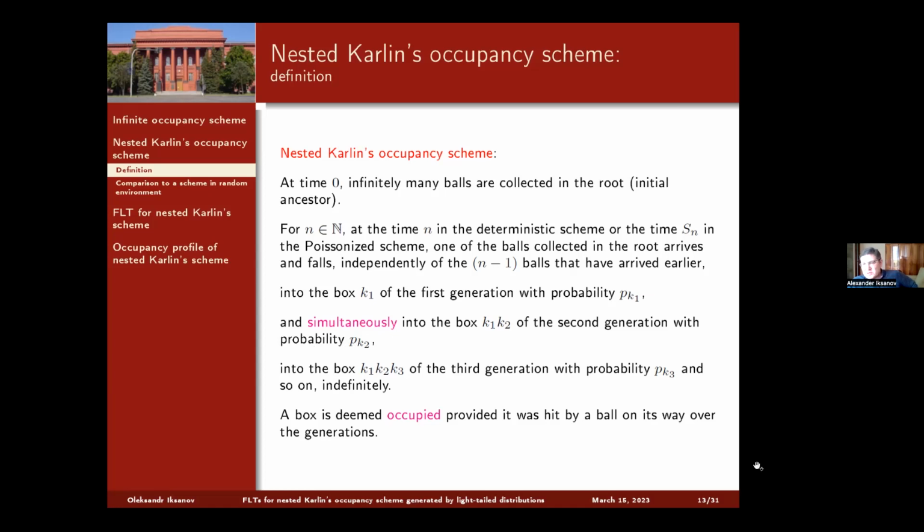And this is impossible from the viewpoint of physics, but allowable from the viewpoint of mathematics. Of course, to make the scheme physically acceptable, we could have replaced a ball with its copy whenever a ball moves to the next generation. But I think that mathematically this leads to a complication rather than a simplification.